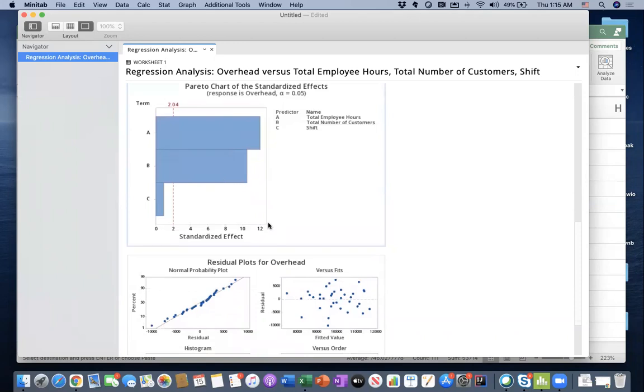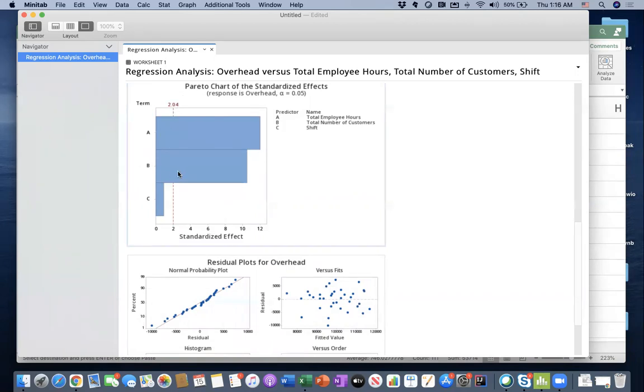I do have 4 different plots here. The first one is the Pareto plot. You see that Minitab gives you the standardized impact of different predictor variables here. Predictor A is the total employee hours, predictor B is the total number of customers, and predictor C is the shift. It came up with a threshold value of 2.04.